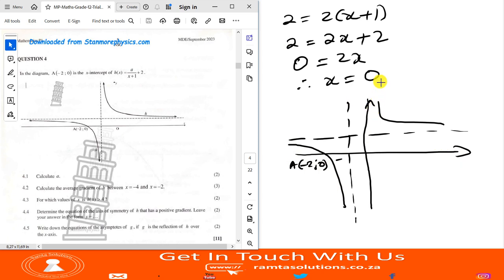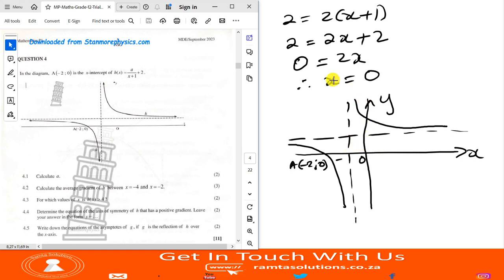Oh, my mistake. It also intercepts. There's an x-intercept here. So it was supposed to look like this, because when I look at this, it looks like there was supposed to be a line. So there was a mistake that was done here, but otherwise it's supposed to be like this.